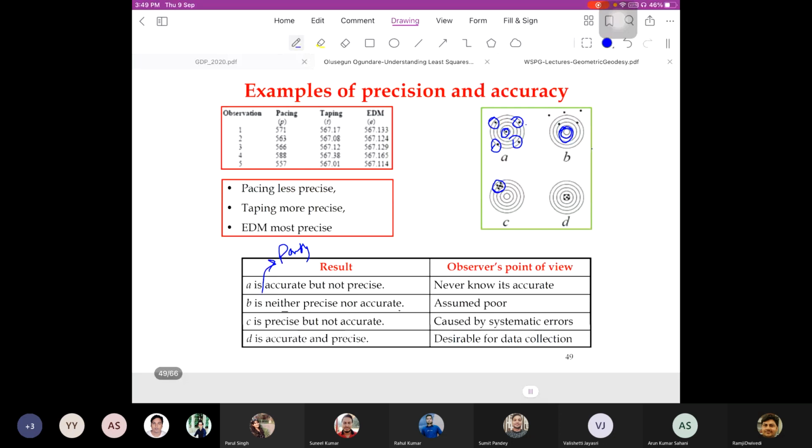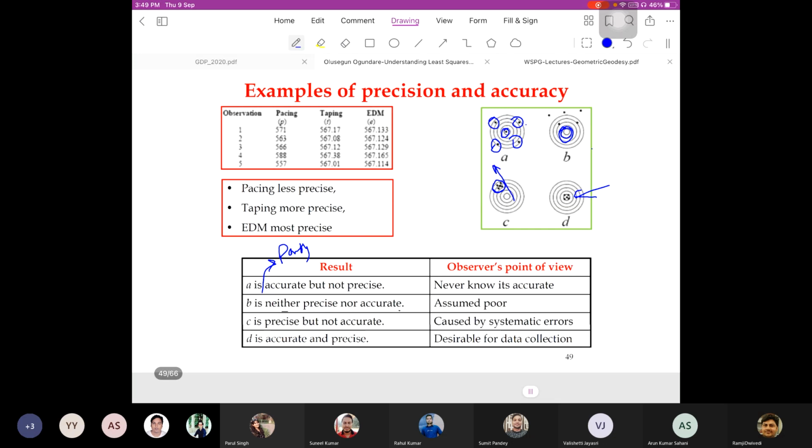Similarly, in the last case, this is a very ideal real-world kind of scenario where the data is accurate as well as precise. In the case of C, it may be caused by bias, that is, systematic error is present in the data set. That's why a slight single-pointed deviation is seen in the observation.